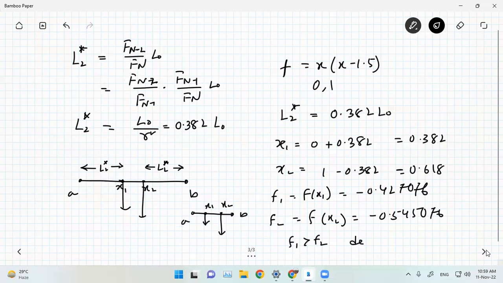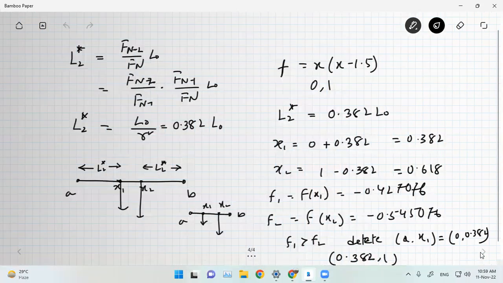So delete or discard basically A to X1. So a new interval will be formed. The new interval will be from 0.382 to 1. So you can also write it as 0.382 to 1.